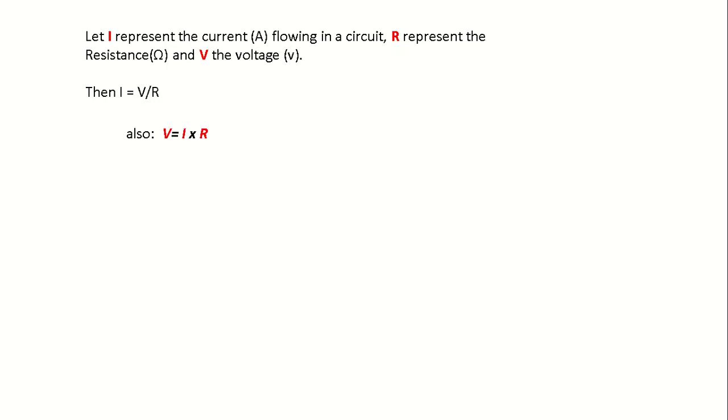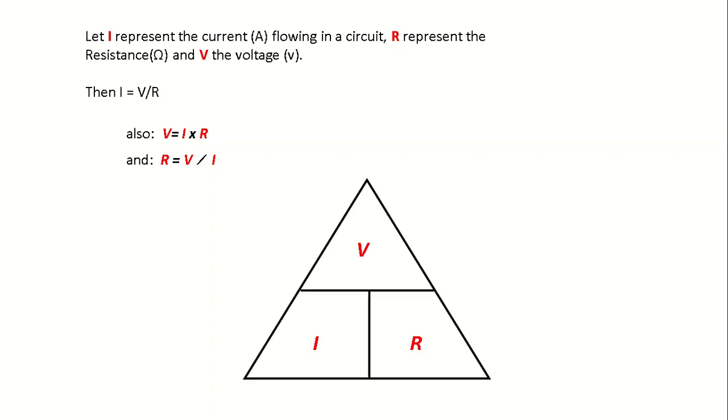If I represents the current in amps, R represents the resistance in ohms and V represents the voltage in volts, then I will be equal to V over R, or V equals I times R. In other words, we can also have R equal to V over I, from this triangle formula. So this gives us a good formula that we can apply to calculate the total resistance in a circuit.